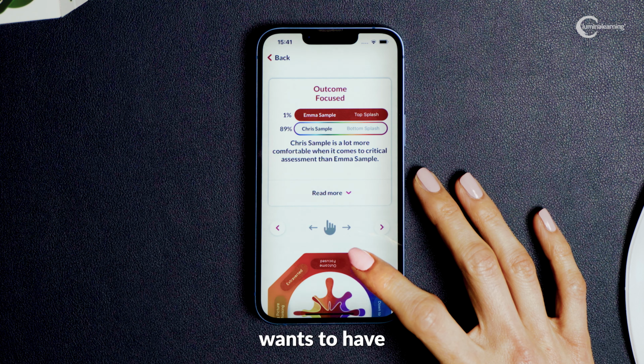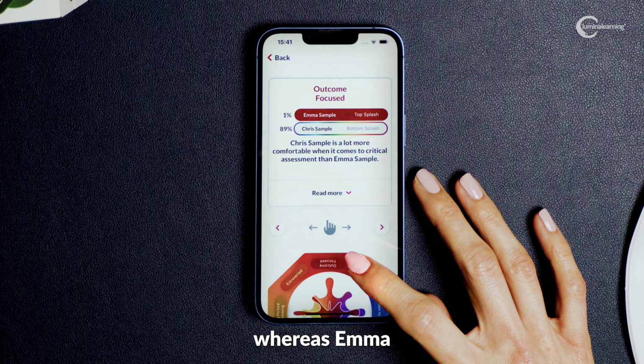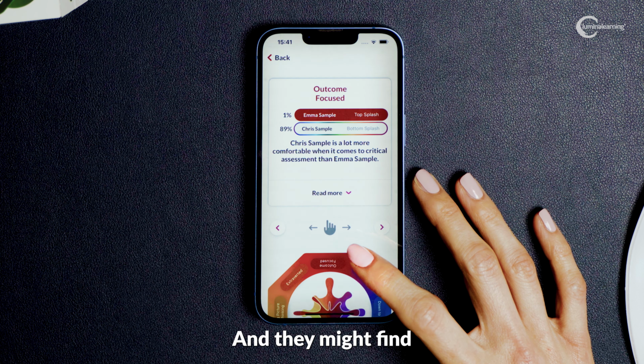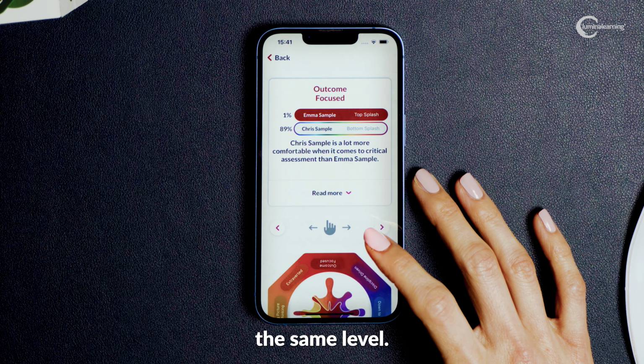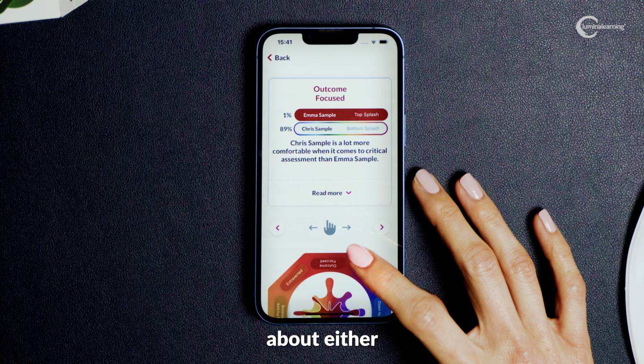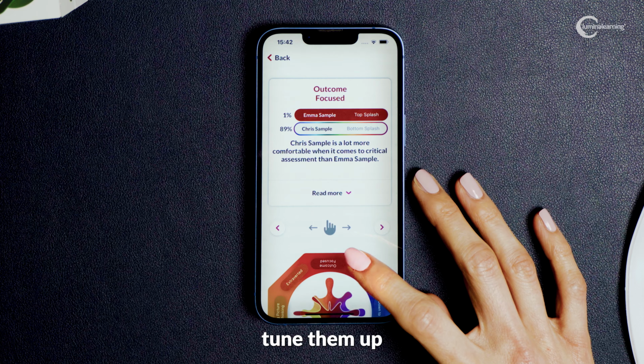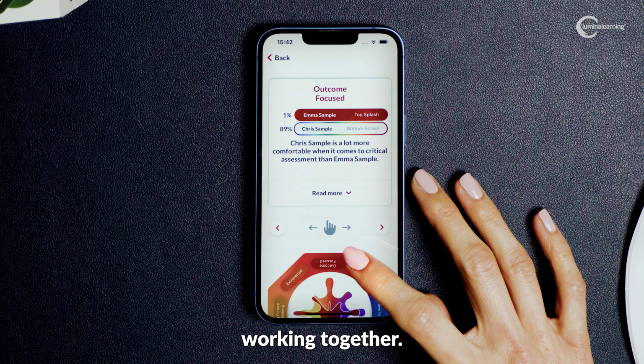Maybe Chris wants to have a very logical conversation, whereas Emma wants to talk a bit more about how this is going to affect people. And they might find that they're not always speaking on the same level. So they might want to have a conversation about either how Chris can manage his outcome-focused tendencies a little bit, or maybe how Emma needs to tune them up a little bit when they're working together.